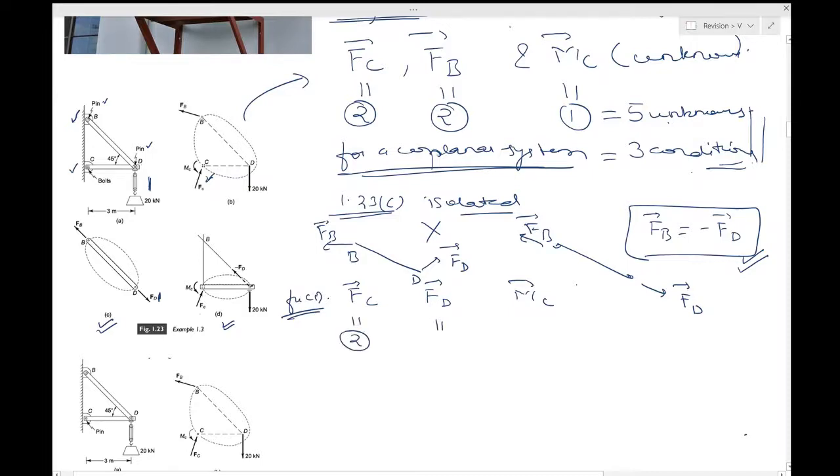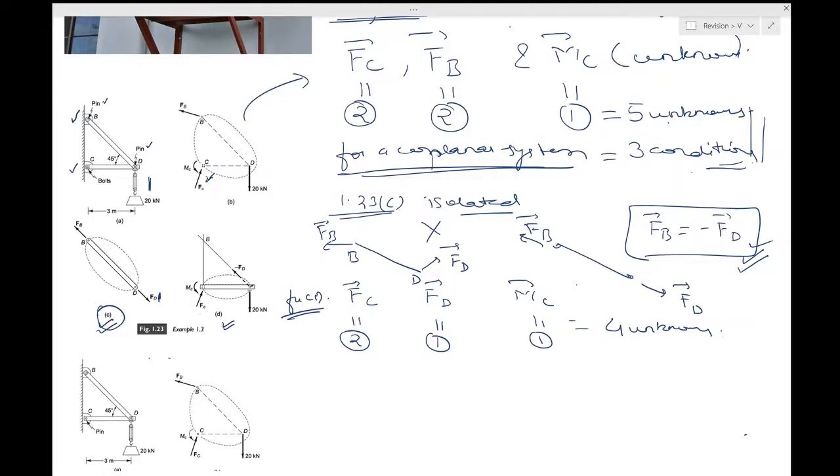FD: what is the unknown in FD? You already know the direction, so you have essentially only one unknown over here, and MC is also one unknown. So you have four unknowns now. This has come up after you have used C over here. So you still have four unknowns, but you have got three independent equations.